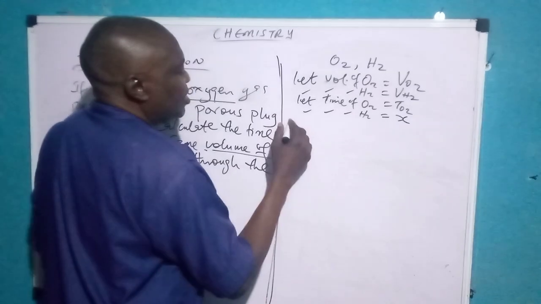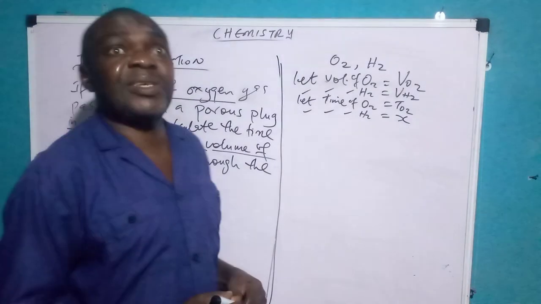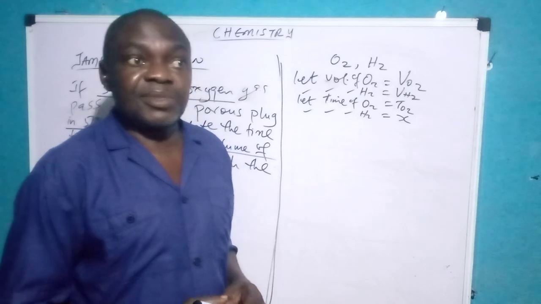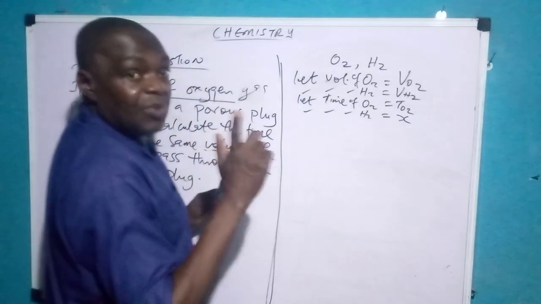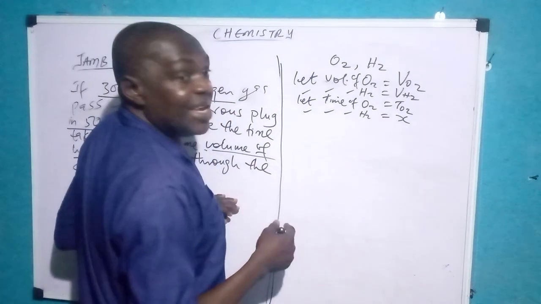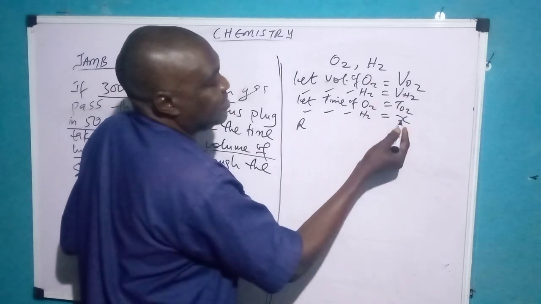So relate the two. Know that there are so many formulas. In our previous video, when we answered some questions during the preparation of JAMB and WAEC exams, I gave you about 3 formulas. Please go through those videos and you will see them. With those 3 formulas, you can solve any question you encounter. So we are using one of the formulas. We say rate here, because we have volume and we have time.